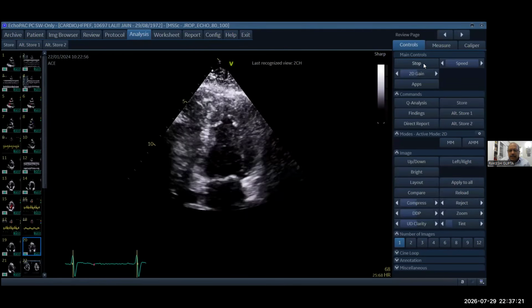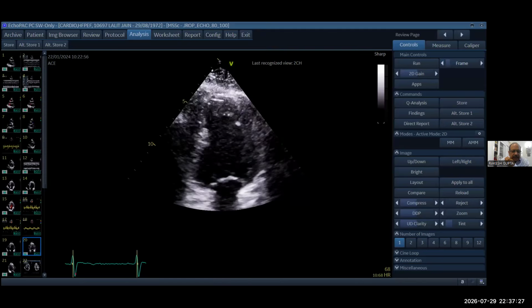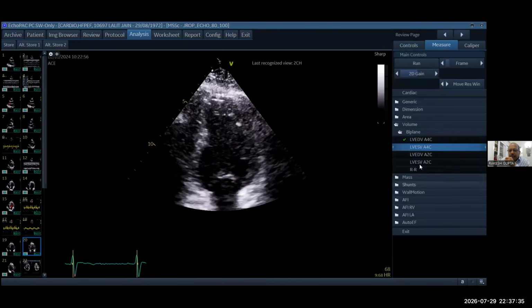Again, stop. Frame by frame. Beginning of systole. Now look, the mitral valve has opened up, so we have to close this mitral valve. Then go for measurements again. Now 2-chamber. Better visualization of the endocardium will give you the correct answer.